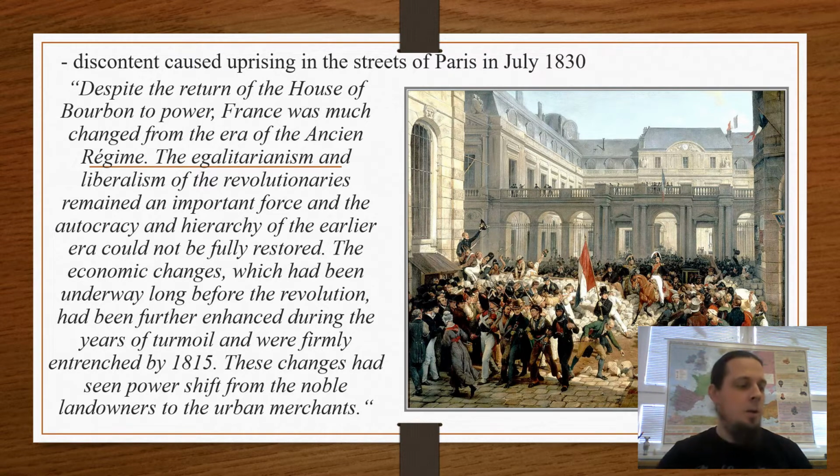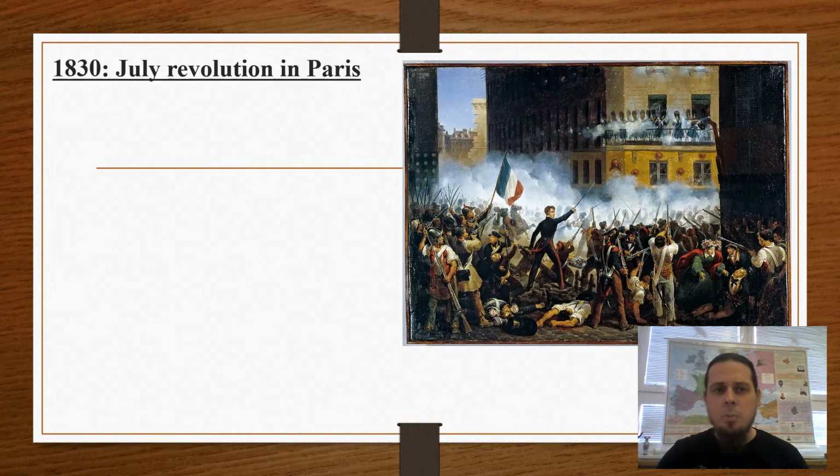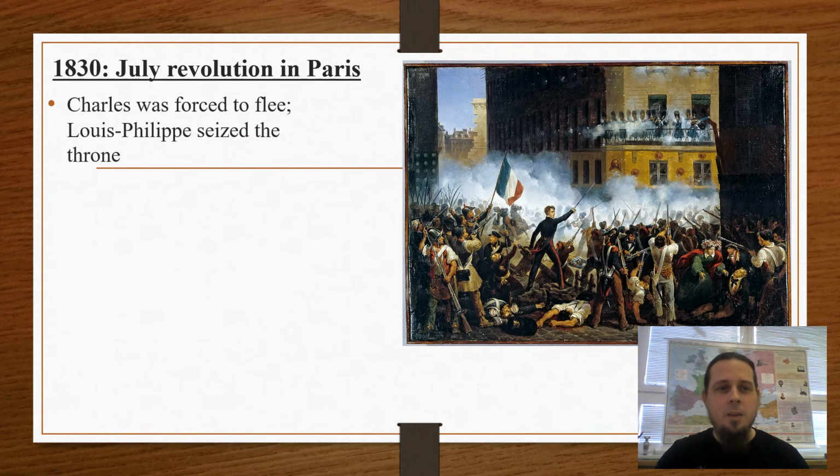You may have been lucky for being born in a rich family, a landowner's family, a factory owner's family, or maybe not the proper race, the color of your skin, or being just a woman. So in this way, there was very much discontent, which caused this revolution in Paris in 1830.